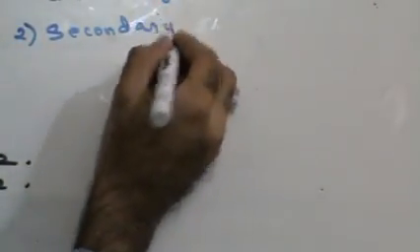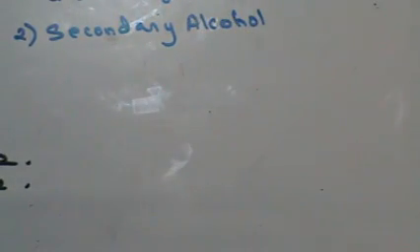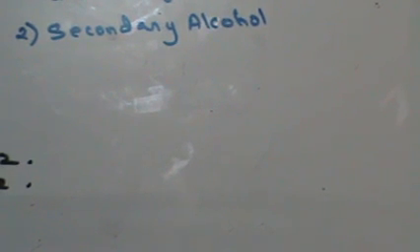Next, you have oxidation of secondary alcohols. Now, secondary alcohols undergo oxidation but less readily than primary alcohols. They oxidize first to form ketones and then they form carboxylic acid, right?